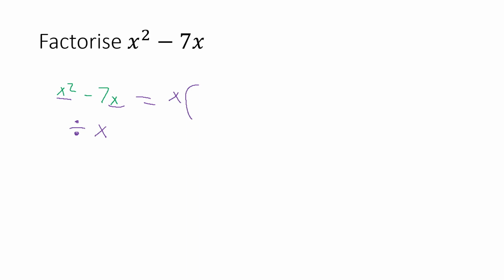What's x squared divided by x? X squared divided by x is simply going to be equal to x. This will be covered in greater detail in my laws of indices video, which should be out within the following couple of days. What is 7x divided by x? 7x divided by x is just going to be equal to minus 7. And so our final answer is x times x minus 7.